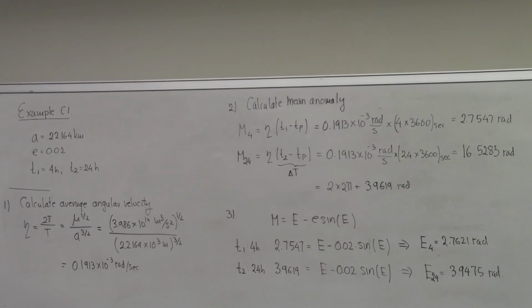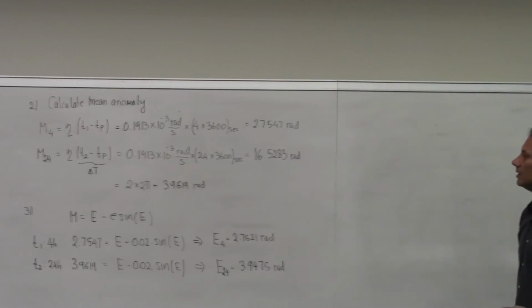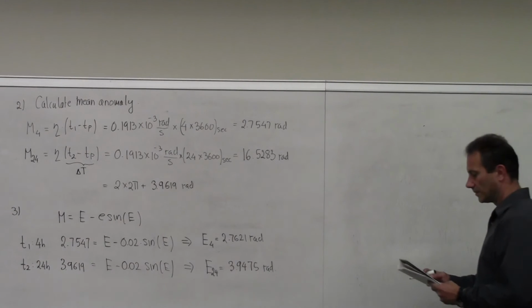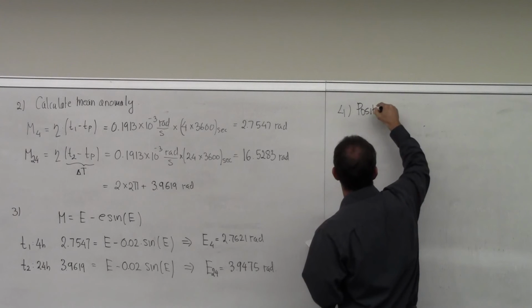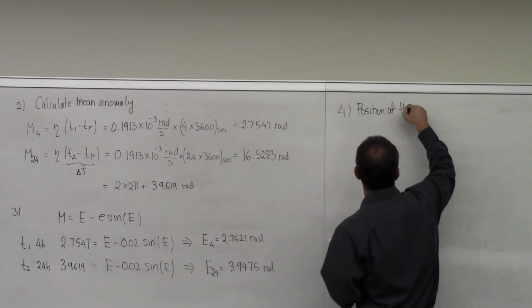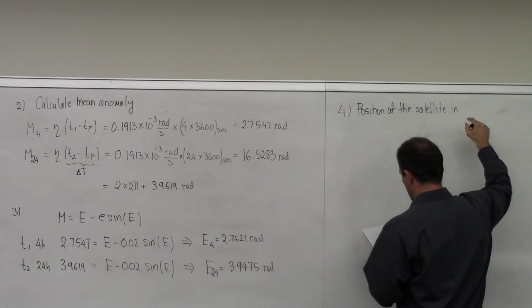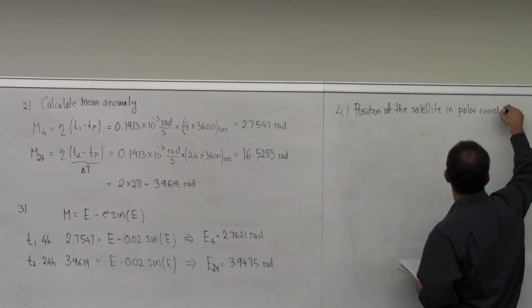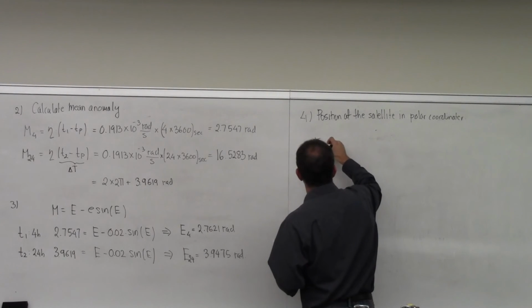And so those are the two eccentric anomalies. Once you know E, then you can easily calculate the positions of the satellite in either rectangular or elliptical coordinates. So this is the position of the satellite in polar coordinates. You can say R for 0, 4.